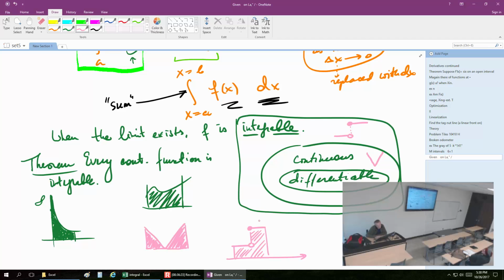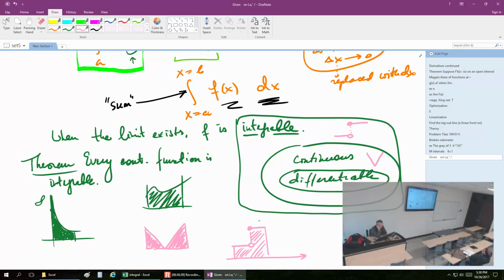But as far as integration, as far as area is concerned, it's okay. So once again, it is a jump, but the area still makes sense. It's made of two rectangles, no problem. In fact, it would be very easy to compute the Riemann sums for it.